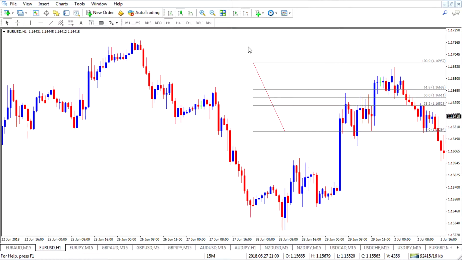Now, the 61.8 is the golden number, the golden ratio. This is a Fibonacci number that a lot of traders really pay attention to. So what we have is in between the 61.8 and the 38.2 is what I like to call the Fibonacci window.